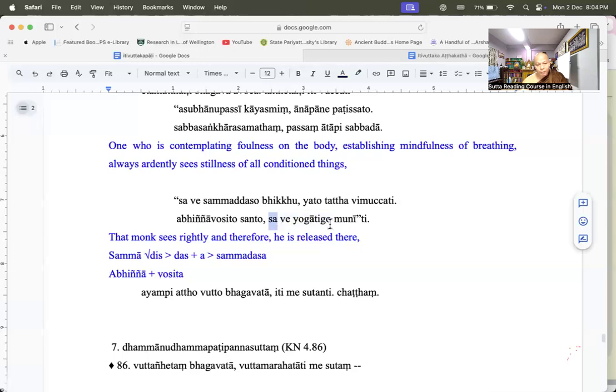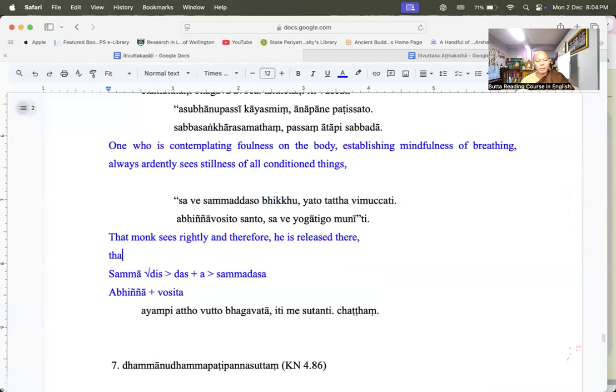And sa here also refers to that bhikkhu, that monk. Now, next line: that sage, yoga atiko, and abhinna vosito.